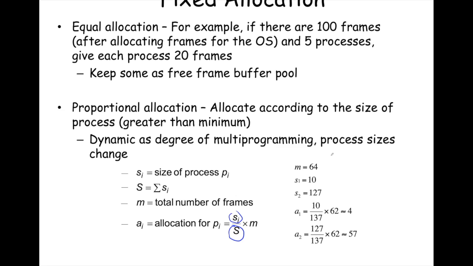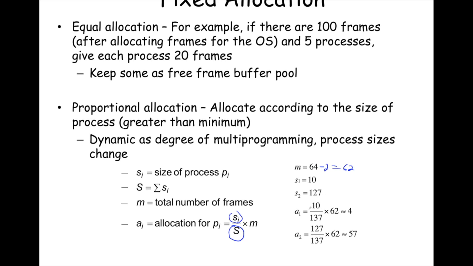An example that's given in the book: suppose you had M equals 64, and let's just assume for the sake of argument that your kernel used up 2 of them. So you're going to subtract those 2 frames set aside by the kernel, and that's going to leave you with 62 frames available for all the processes. And so let's assume that the size of process P1 is 10 pages, and the size of process P2 is 127.